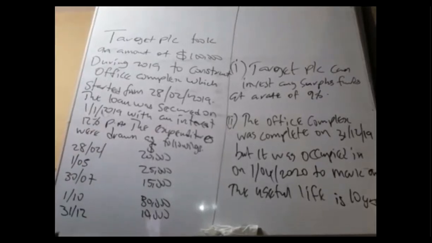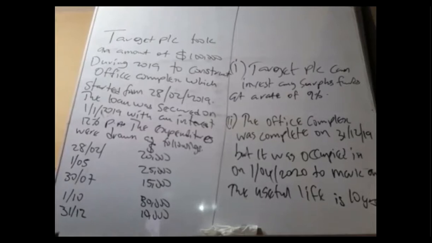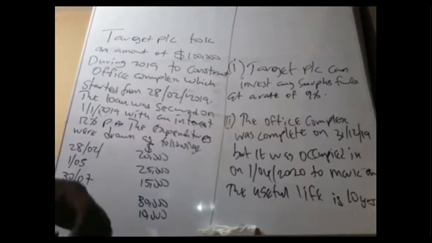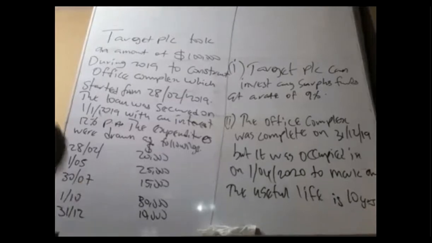Let's see how best we can look at it. So A says calculate the borrowing cost eligible for capitalization. B says calculate the carrying amount of the asset immediately after construction. After construction, what is the carrying amount?